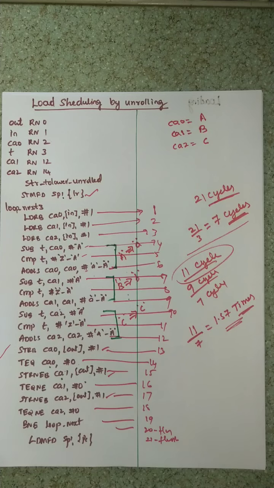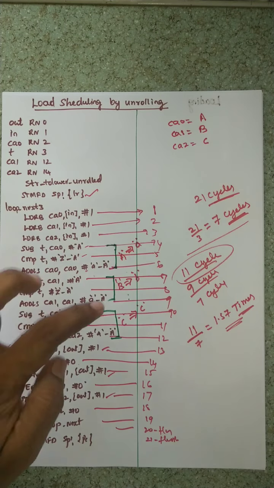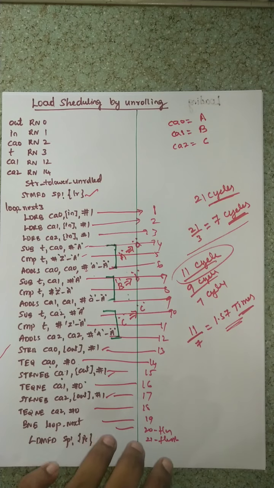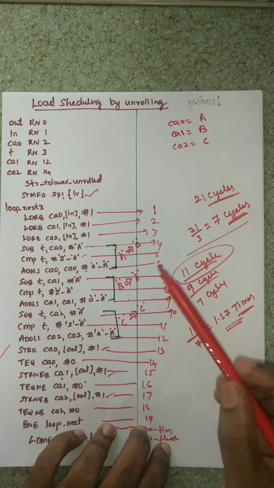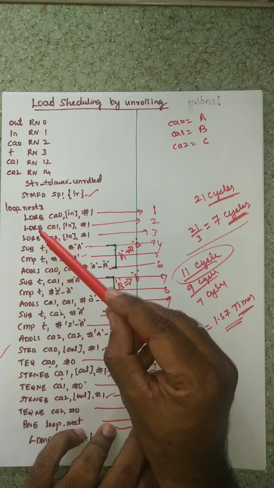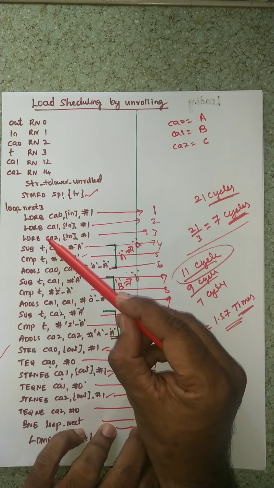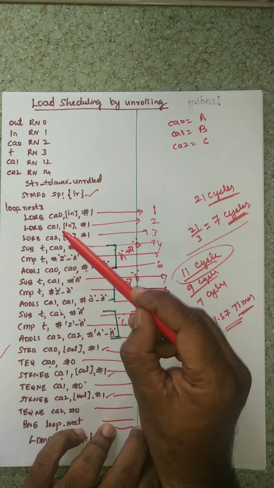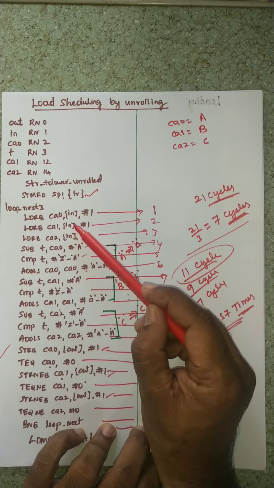What has happened here is that the BNE, executed many times, would take 2 extra cycles, and that is avoided because of the three iterations. You may ask why stalls do not occur when three load instructions are executed consecutively.